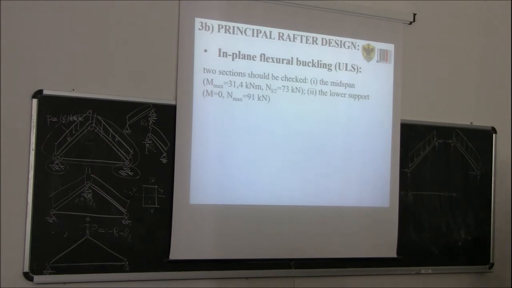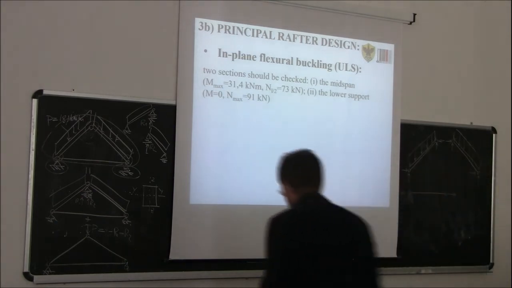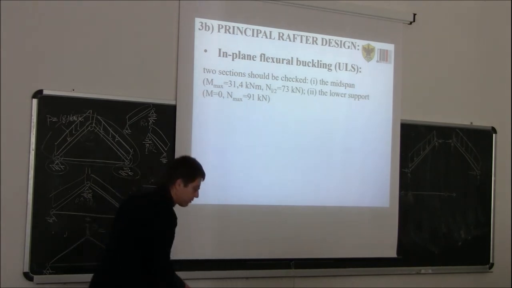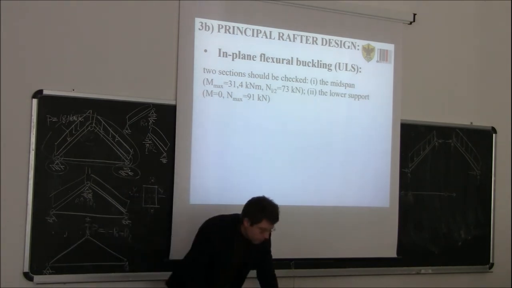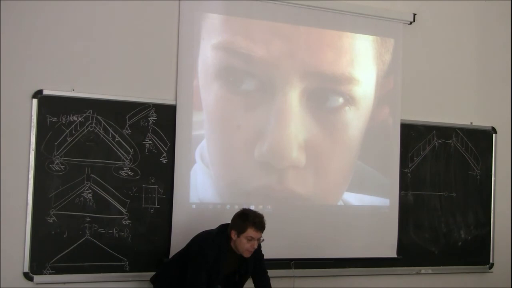We said before, we need to check two sections. The mid-span, where we have maximum bending moment and a significant axial force. Now here I didn't put the sign anymore, okay? Just remember that if you want, for the sake of clarity, put it. Actually, we also put it here, so we have no doubt. Just remember the minus refers to the fact that we have compression.